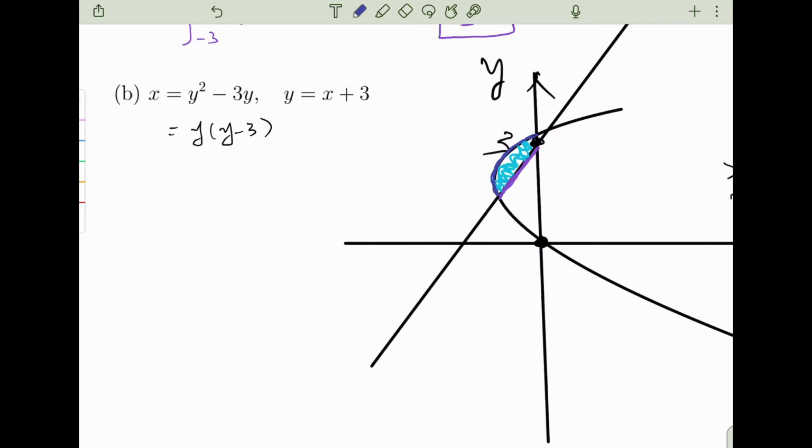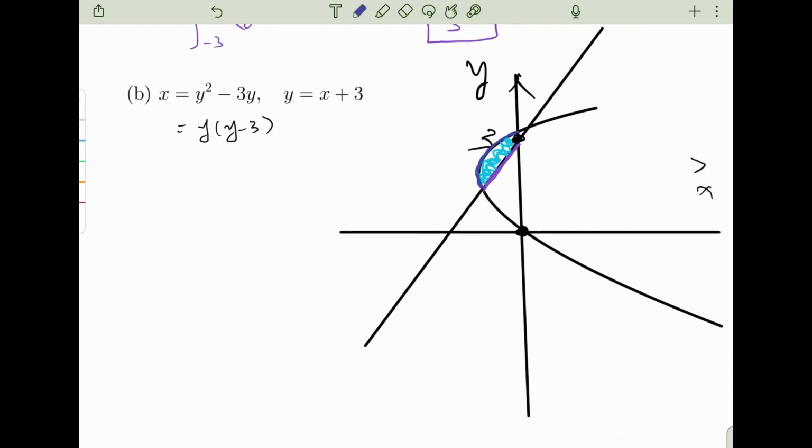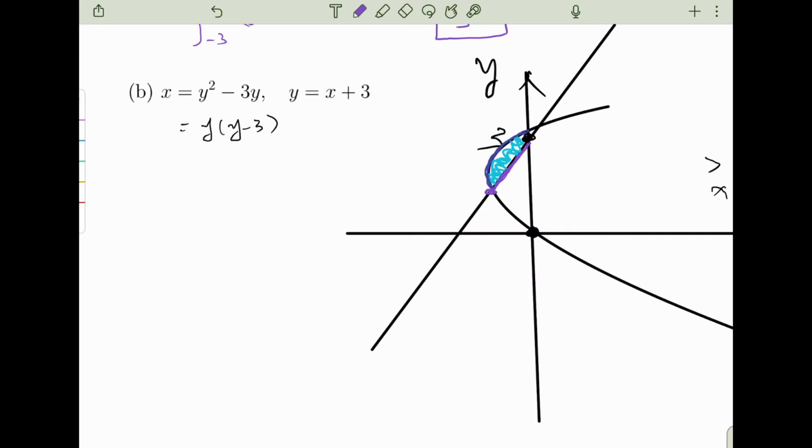Okay, so we will do the integral in terms of y, but anyway we will need to find its intersections. This intersection is (0, 3). But what is this intersection?